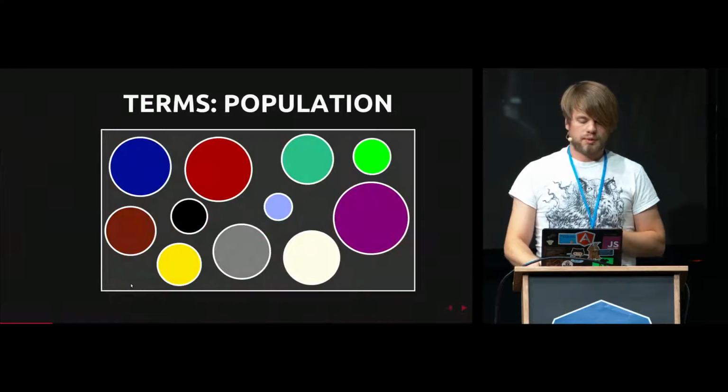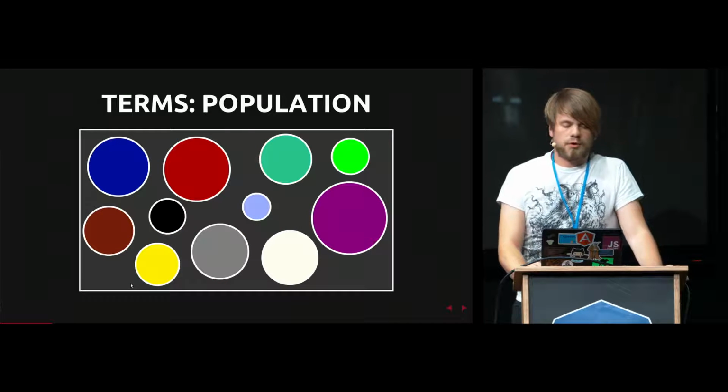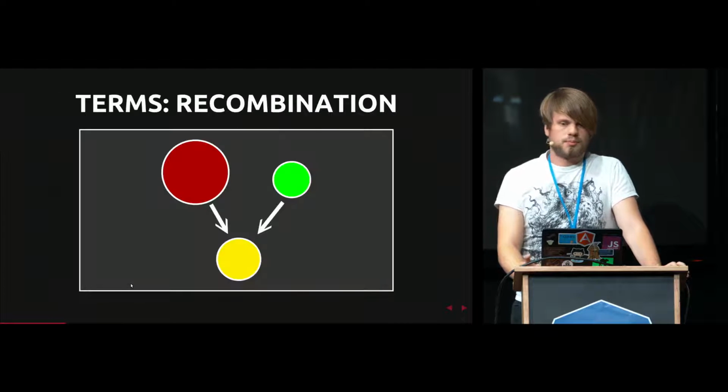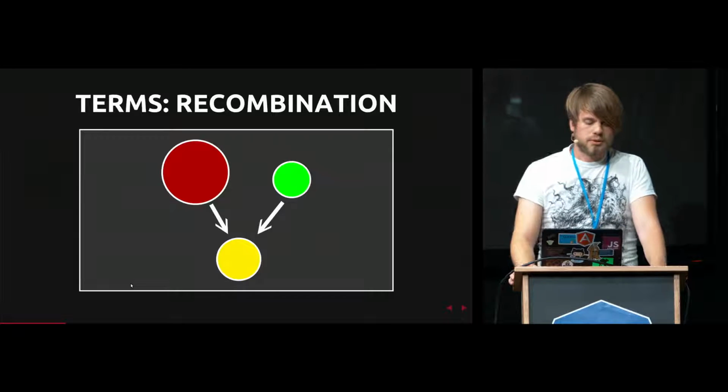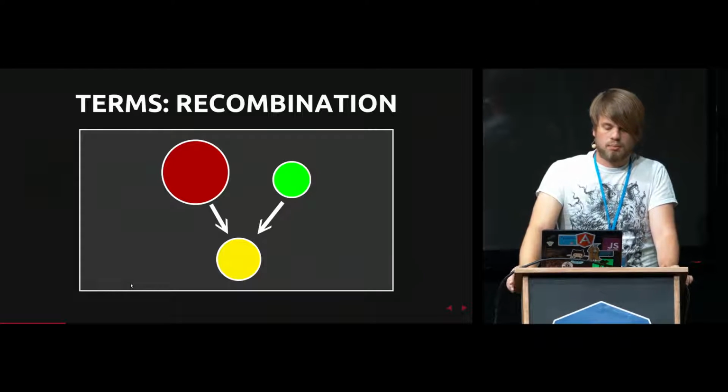All in all, we have some terms, and I want to iterate onto them a little bit more. First, the population, that's all of the combined circles together, the green one, the red, and so on. The term recombination describes how two circles are combined together to form a new offspring. Here in that example, the red and the green one form the yellow one.